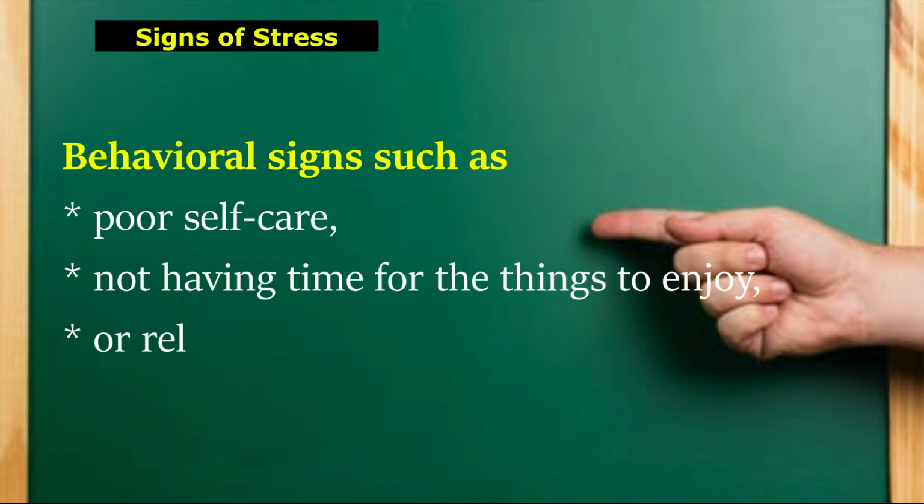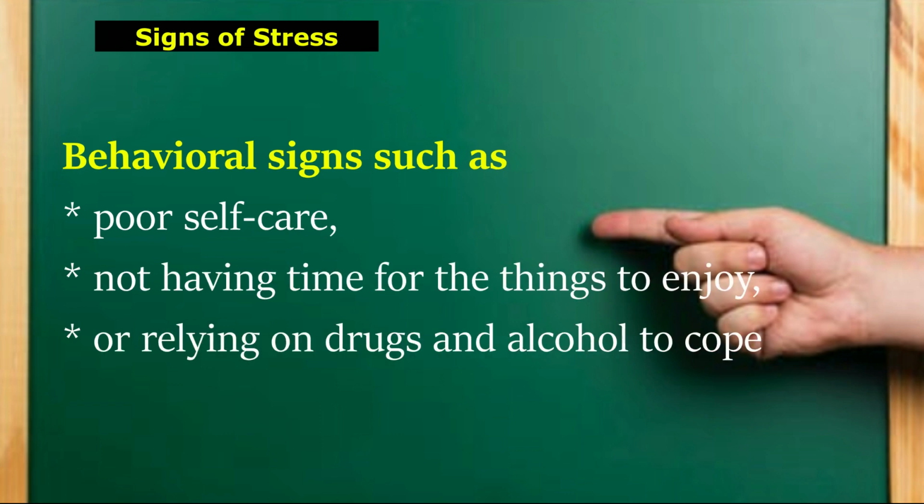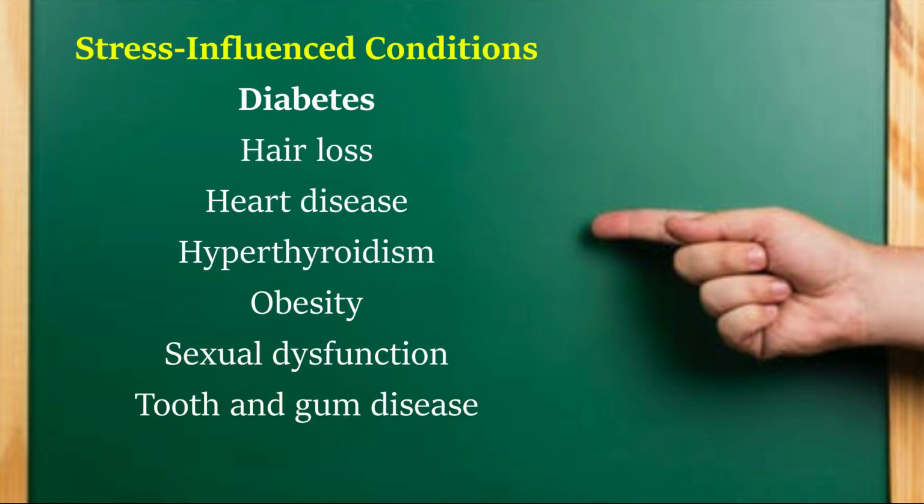Behavioral signs such as poor self-care, not having time for the things you enjoy, or relying on drugs and alcohol to cope. Stress-influenced conditions. Diabetes, hair loss, heart disease, hypothyroidism, obesity, sexual dysfunction, tooth and gum disease, ulcers.